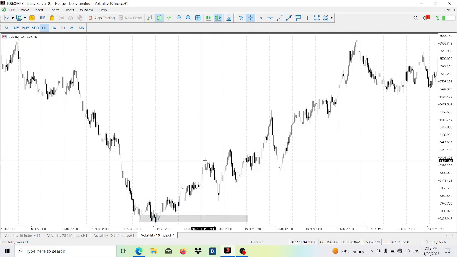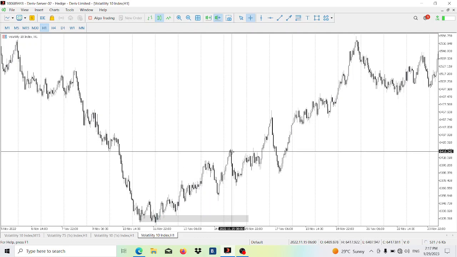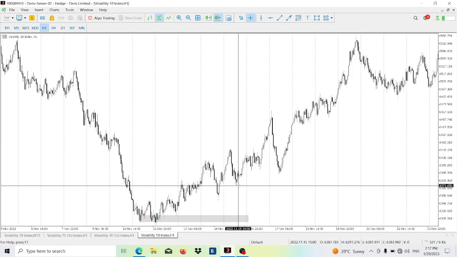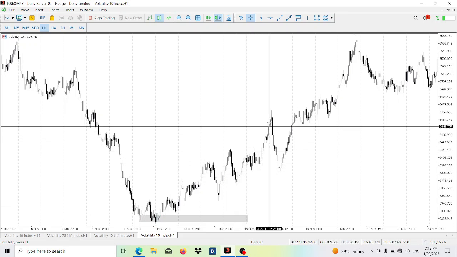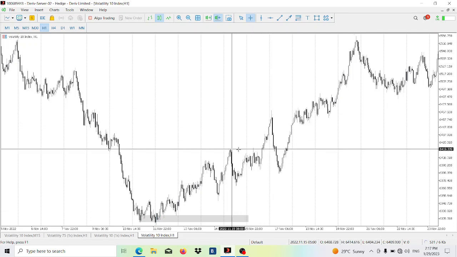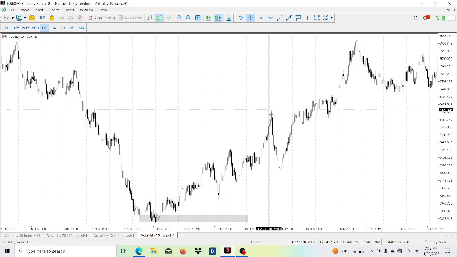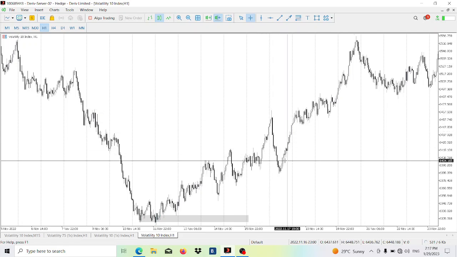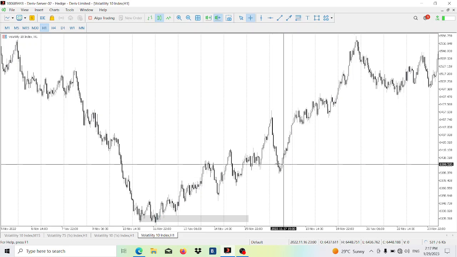Mind you, whenever we violate a specific high and create new highs, we need to fall back in a correction mode, right? High violated, which is this one, creating a new lower high.